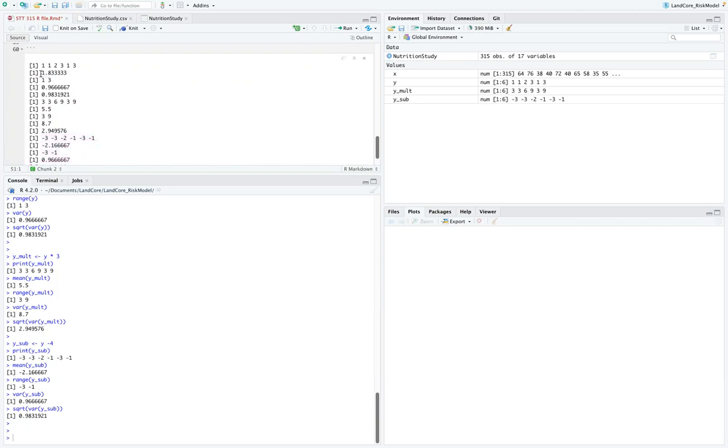So here we have the mean as 1.833. Part B, we have the mean as 5.5, so that's larger, that's something different. And then we have the mean here as negative 2.1667.